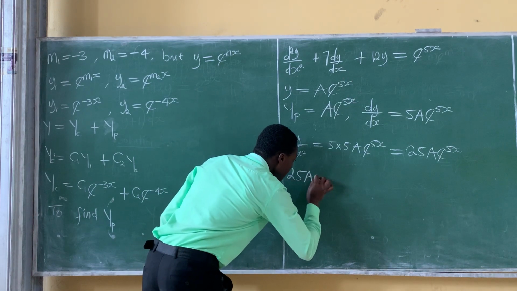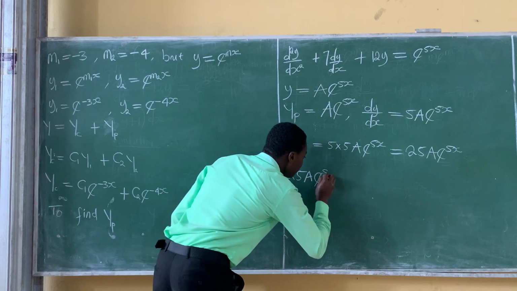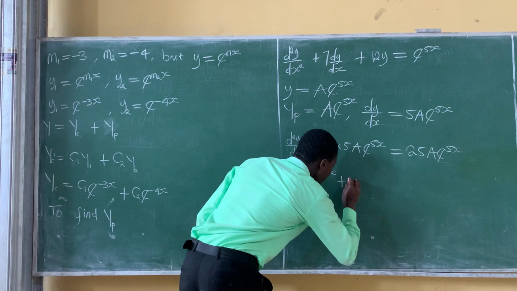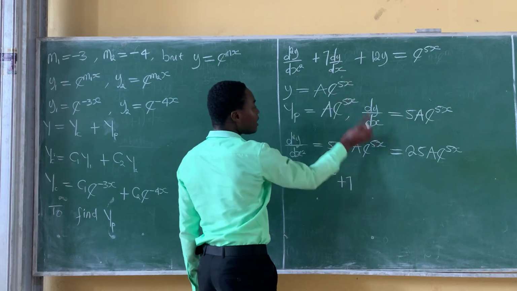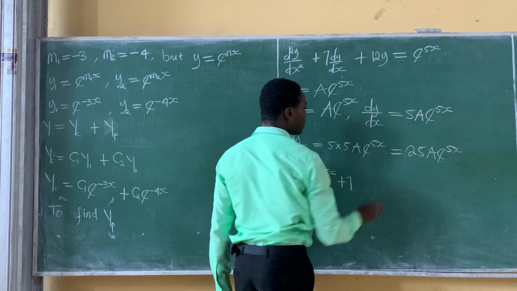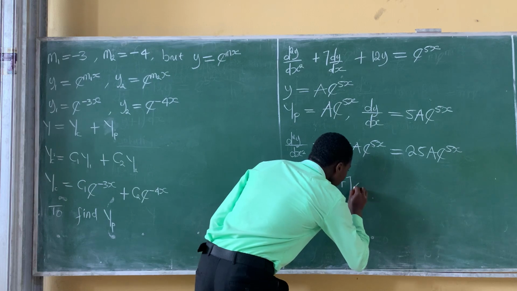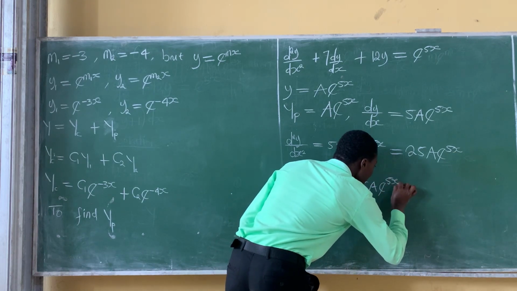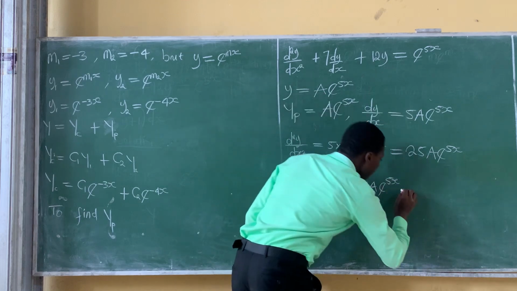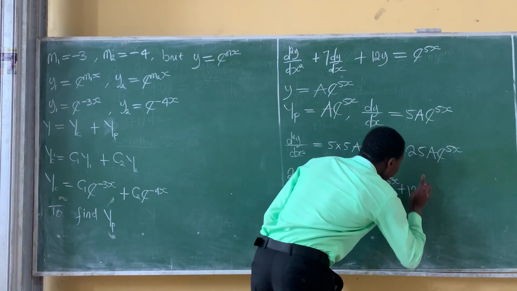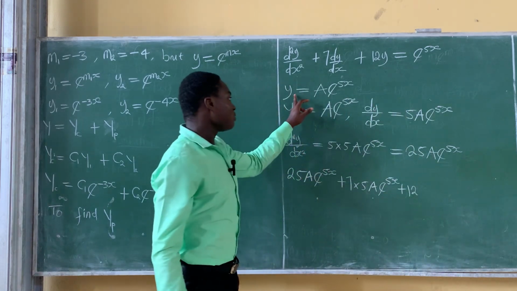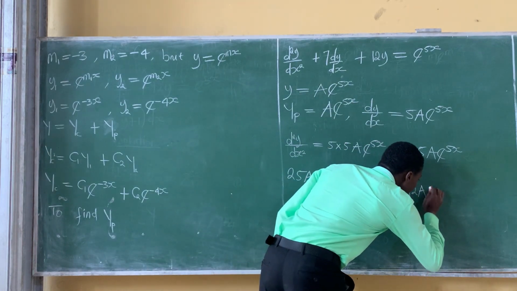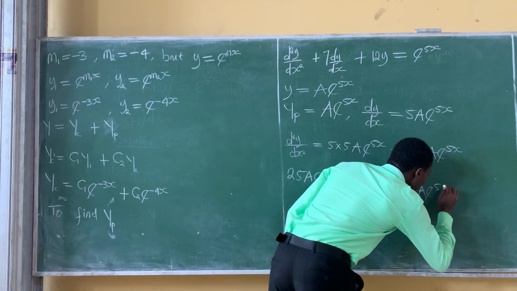25a exponential 5x plus 7, the dy/dx is 5a exponential 5x. So you have 7 times 5a exponential 5x. Then the next one you have is plus 12y. But our y now is a exponential 5x. So we have a exponential 5x.